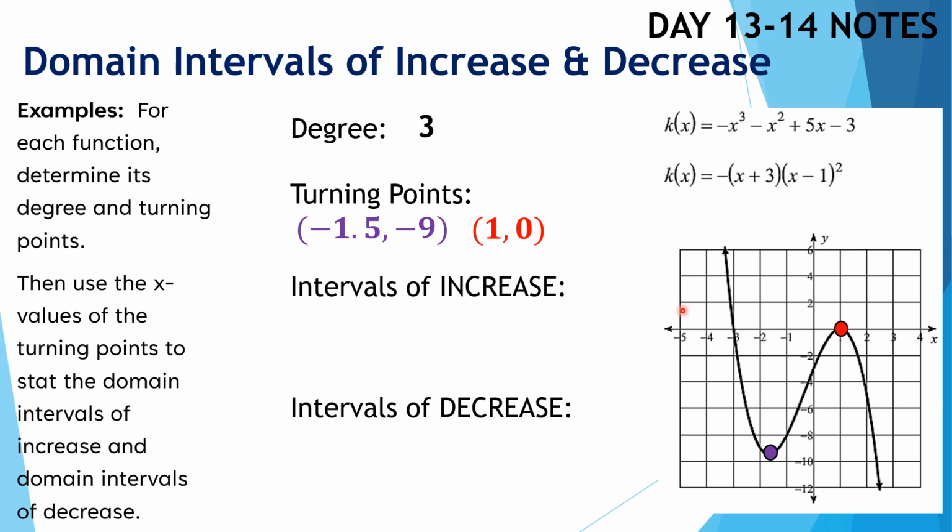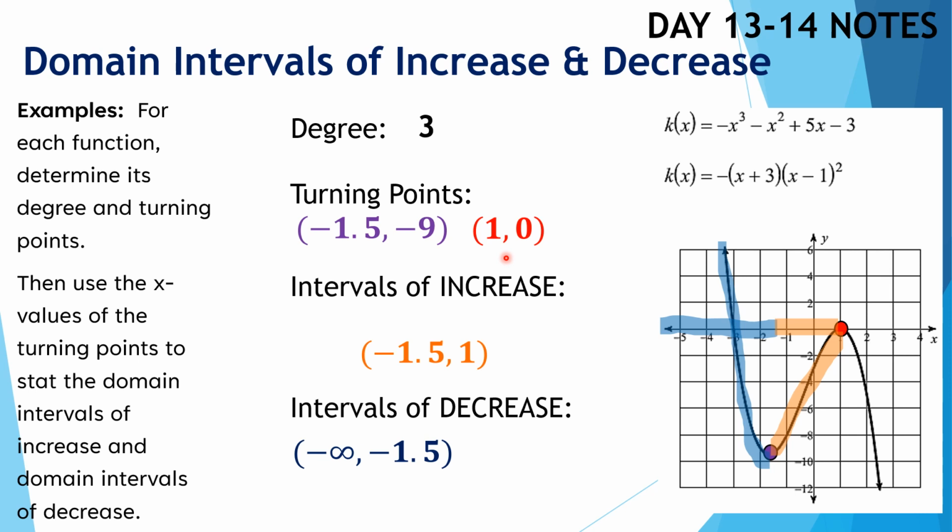Okay, so our intervals of increase and decrease. So as I first travel from negative infinity to that first x value of the turning point, so from negative infinity to negative 1.5, that section of the graph is decreasing towards that minimum value. Okay, so negative infinity to negative 1.5. Then the graph changes direction between the two turning points and is now increasing. So we will say it increases from negative 1.5, remember that's that first turning point, its x value, to the second turning point's x value, so (-1.5, 1).